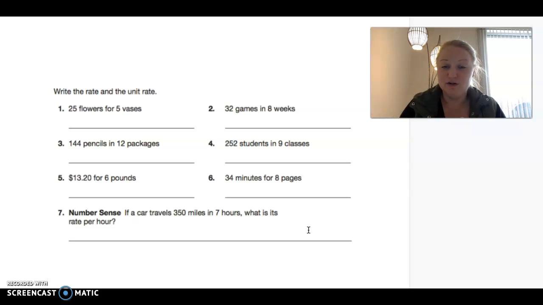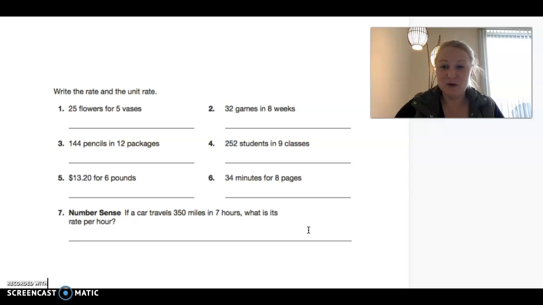All right, for number 2, the rate would be 32 games over 8 weeks, and the unit rate there would be 4 games per week. Number 3, the unit rate would be 72 pencils in one package. For number 4, the unit rate would be 28 students per one class.